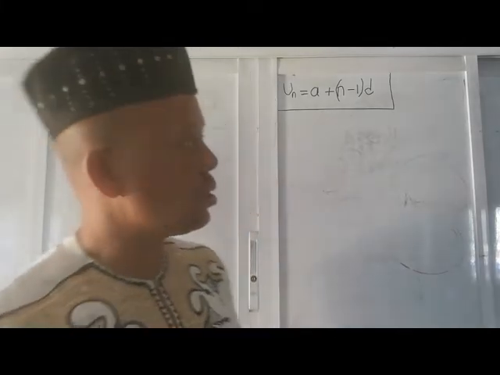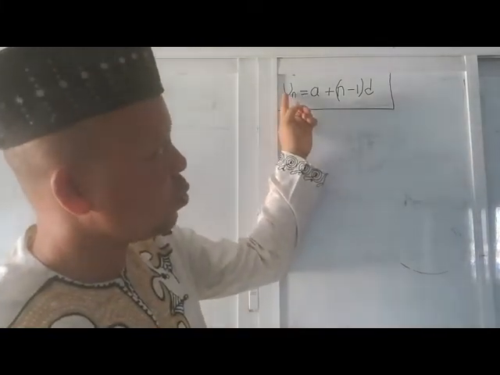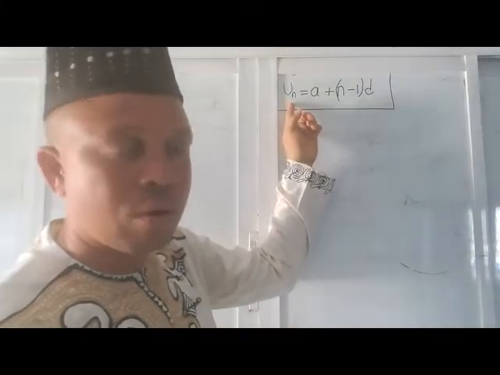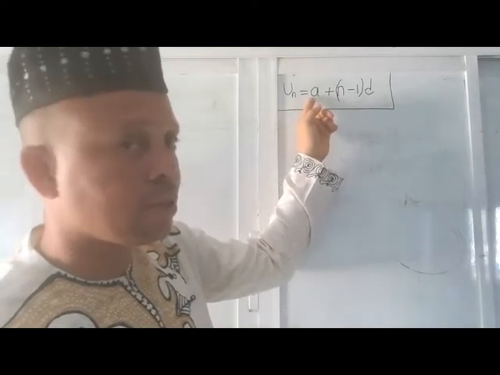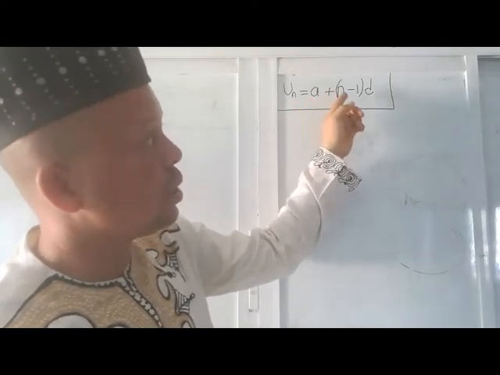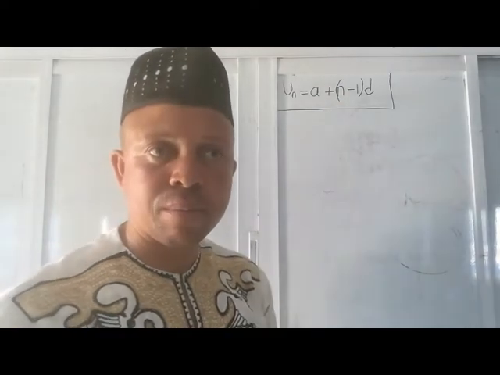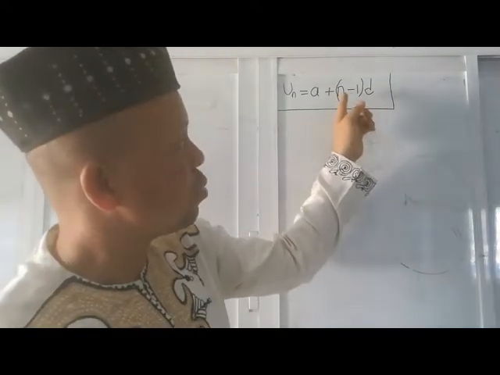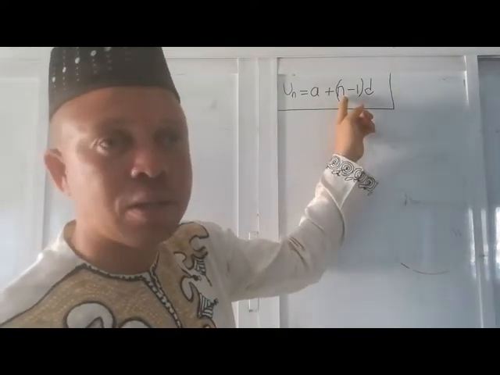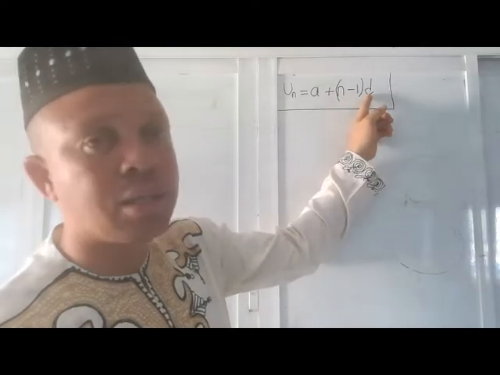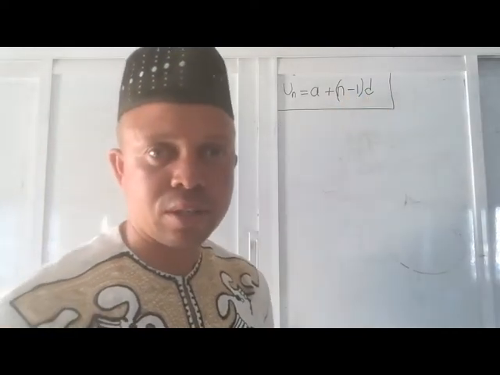Remember what we said, that this Un is the term we are looking for. This A is the first term of the progression. The n is the given term. If it is the 70th term we are looking for, we write 70 in place of this n, while the d is the common difference.